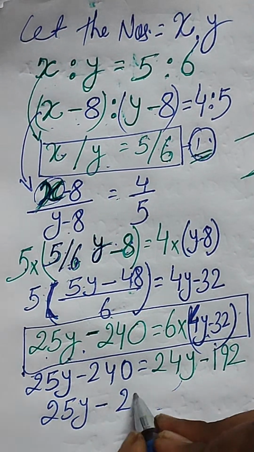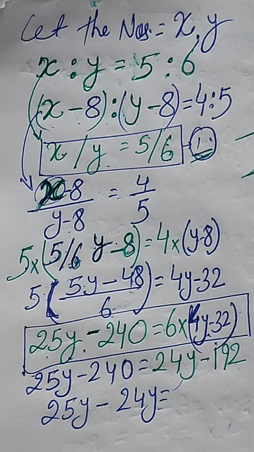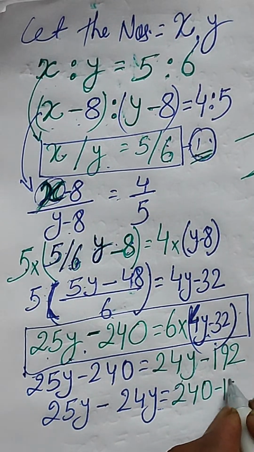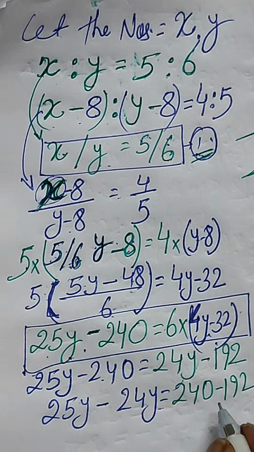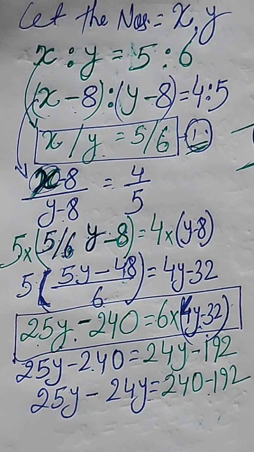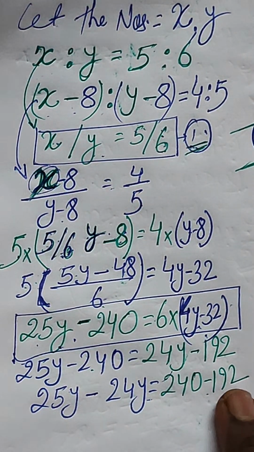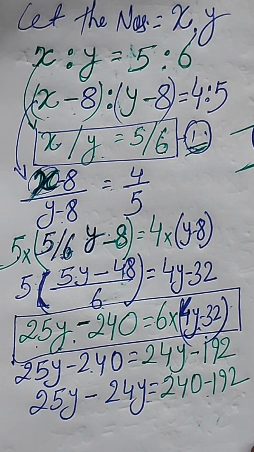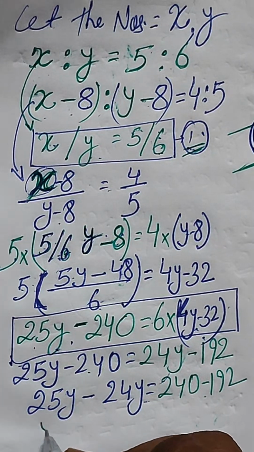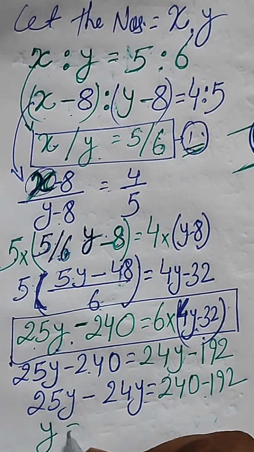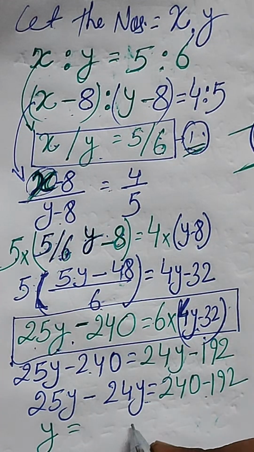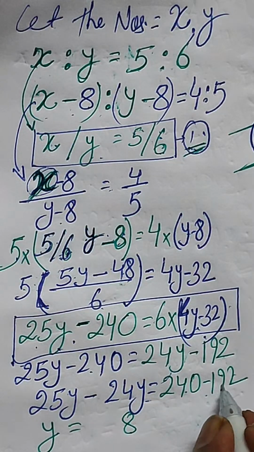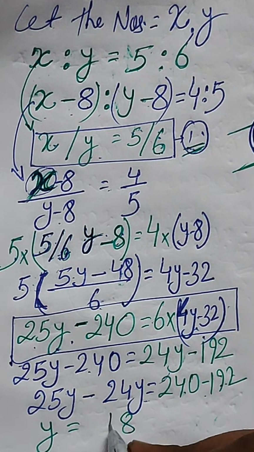So when y goes into the LHS, 25y minus 24y will be equal to 240 minus 192, because the sign of minus will be changed to plus into the RHS, right? Now this will give you the value of y as equal to 240 minus 192, which is coming as 10 minus 2 is 8, 13 minus 9 is 4.